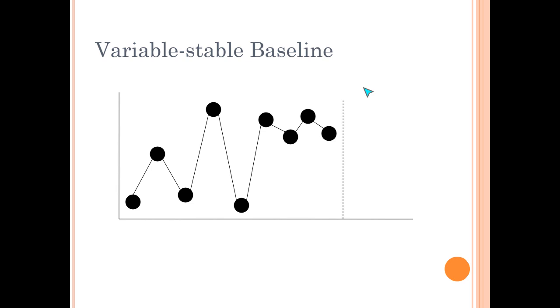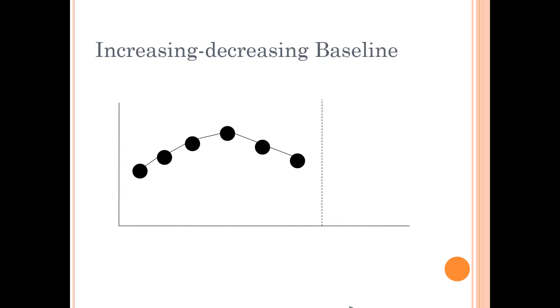Right. There can be phenomena such as an increasing, decreasing baseline, where initially there's a little bit of an incline, and then after so and so many sessions, there's a decline in the data. This typically means something is going on during the middle, where the participant experiences, we call it a covariate, something else that has nothing to do with our treatment, our data collection, something else influences the participant.